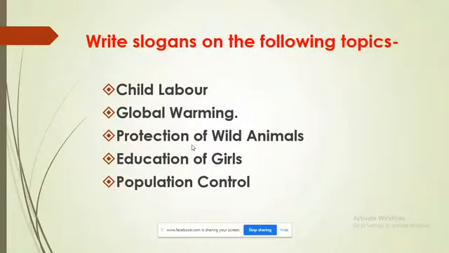Dear children, now here are some other topics and you are supposed to write slogans on them. Had it been a regular class, I would have asked you to write them in class. But now I want you to note down these topics and later, with a free mind, write slogans on them.